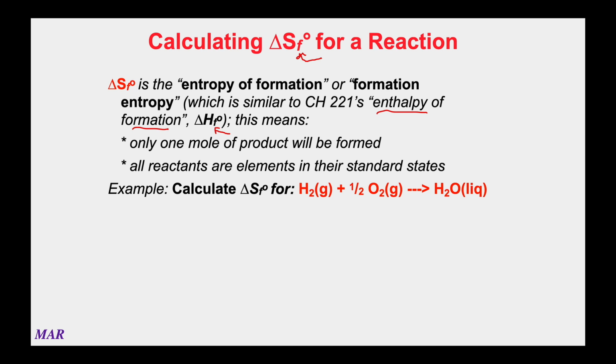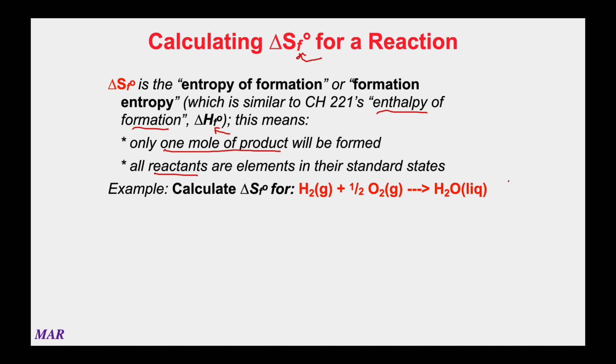And it can be a formation enthalpy if, and only if, you have 1 and 1 only mole of product. And the other thing is that you have to have reactants as elements in their standard states. So you can only have an entropy of formation, or an enthalpy of formation for that matter, if 1 mole of product and reactants are elements in their standard states.